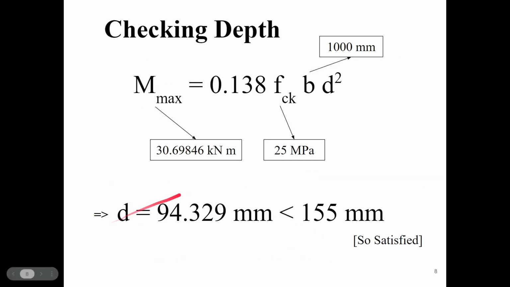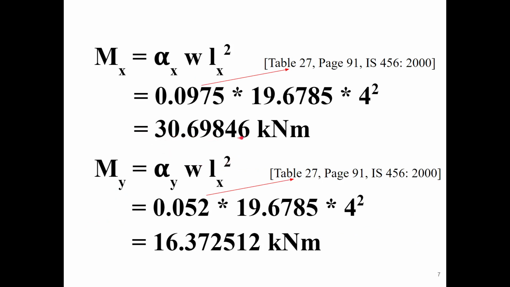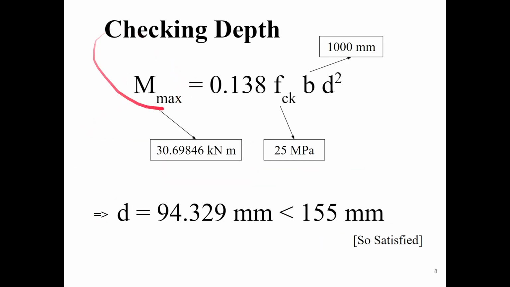Now let us check whether the given depth is satisfying the required depth. The maximum moment is 30.69846. Taking this as a limiting moment, we know for Fe415 the limiting moment equation is mx equal to 0.138 fck bd square.